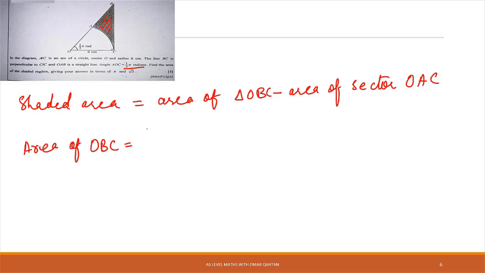We need to find it, but we are not given this side. So first we'll try to find the side BC, and it's a right angle triangle, so I can apply half into base into height.